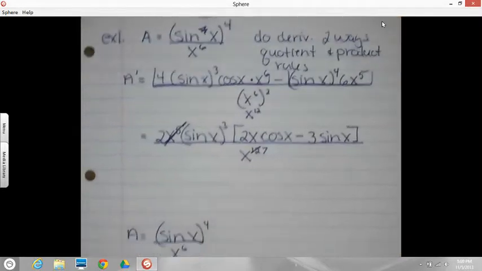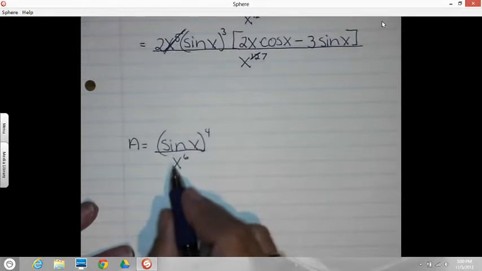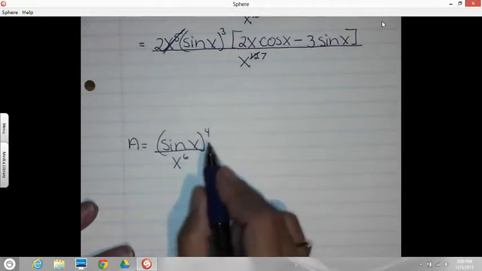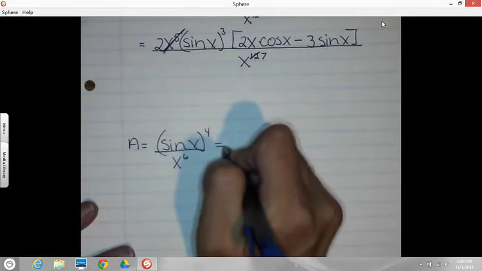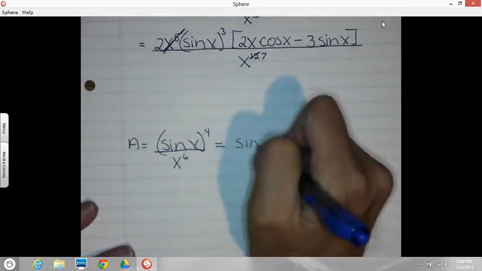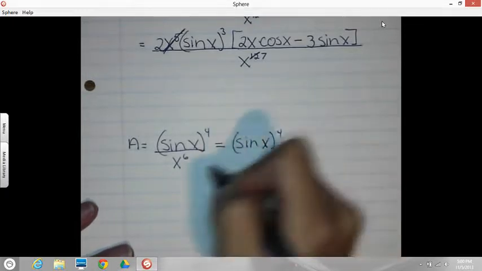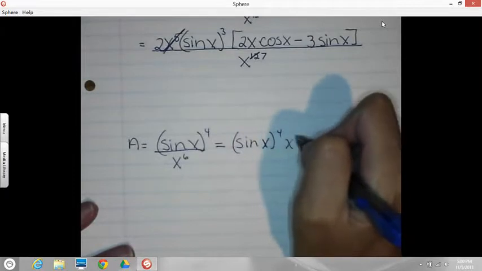And the only way I'm going to get a product of 2 x's is to rewrite this and bring this x to the 6th up so that it's multiplied by the numerator. So I'm just going to rewrite this. I'm going to keep sine x to the 4th. And then when this comes up, it just has a negative exponent going on.